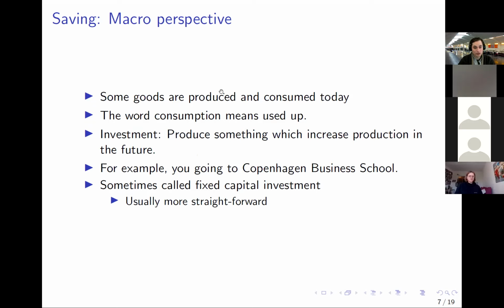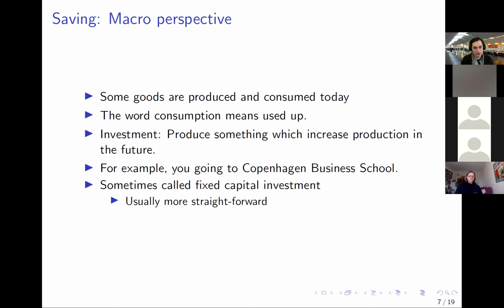Well, some goods are produced and consumed today. The word consumption means used up, right? To consume means to make it so it's no more. Something is gone. To be consumed is to disappear. Investment is something that you produce that's going to increase our production in the future.